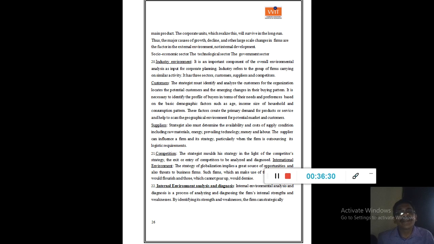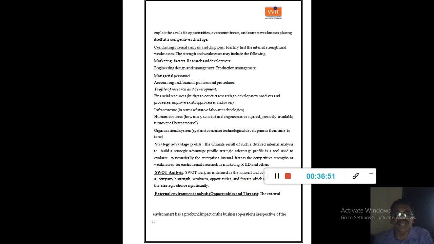And then the industry environment. In the industry environment, you will look for a group of firms carrying a similar activity. And again, it has three sectors: the customers, suppliers, and competitors. Then we have internal environment analysis and diagnosis.